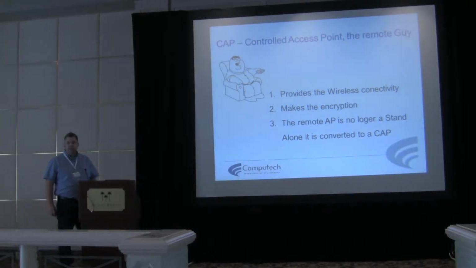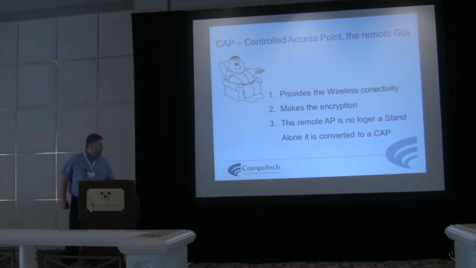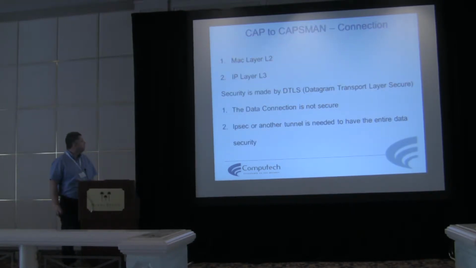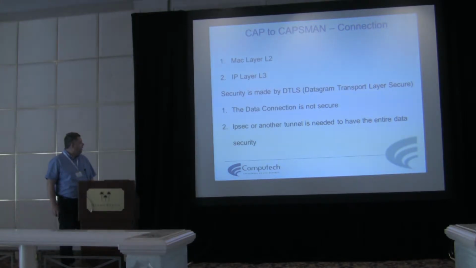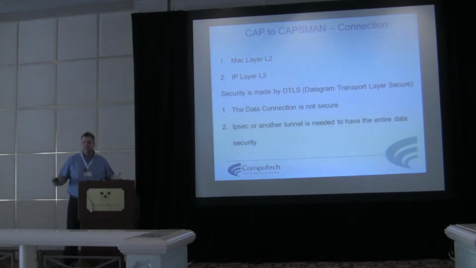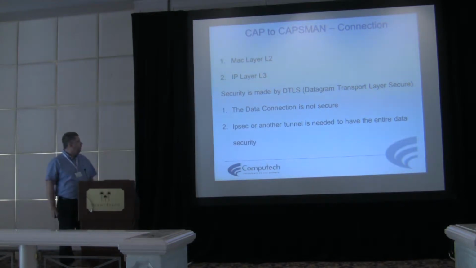The remote AP is no longer a standalone AP, but is converted to a CAP and connected to the CAPsMAN at a central point. The connection is made using MAC layer 2 or IP layer 3. The data connection is not secure, so you need to use a tunnel to guarantee the security between them.